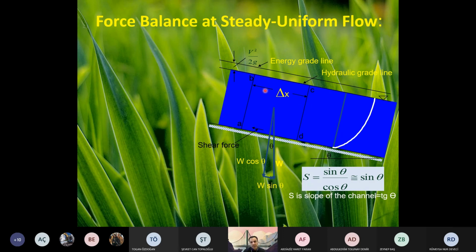So now we know the hydraulic grade line, energy grade line, and channel slope. So in order to calculate friction force, again, you should think about fluid mechanics knowledge and how we calculate friction. In chapter 1, fluid mechanics, we talked about viscosity, and friction comes from what?